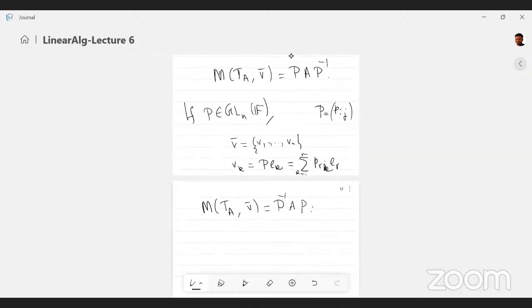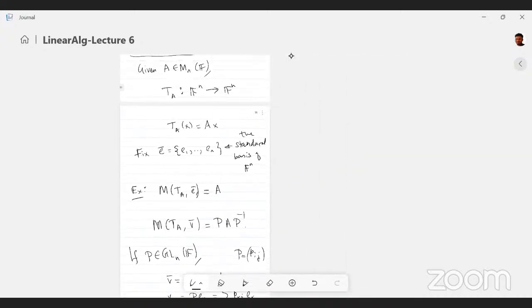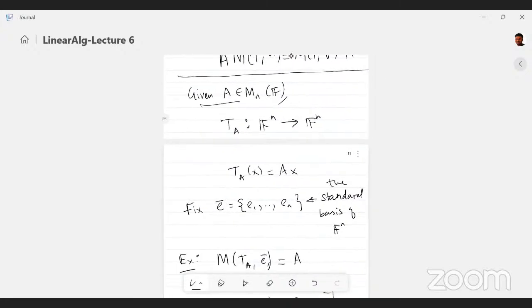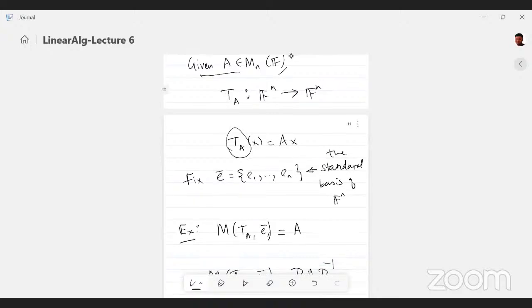So this means that given a matrix, you have a linear transformation, and that linear transformation with respect to the standard basis gives you that matrix back.